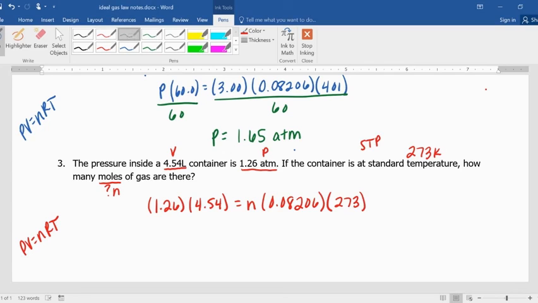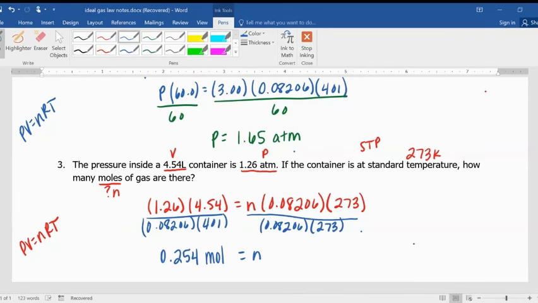So what we want to do is divide both sides by our value of R and our temperature. And when we do this in our calculator, and make sure that you do it in your calculator so that you make sure you're plugging it in correctly, I get 0.254 moles, which you can just abbreviate mol, or you can write out moles the whole way.